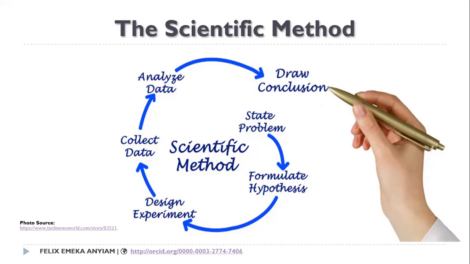That is why you want to carry out that research. People do research to solve problems. So whatever research is ongoing right now, you will realize that the primary goal of doing that research is to proffer a solution to a problem you have seen.